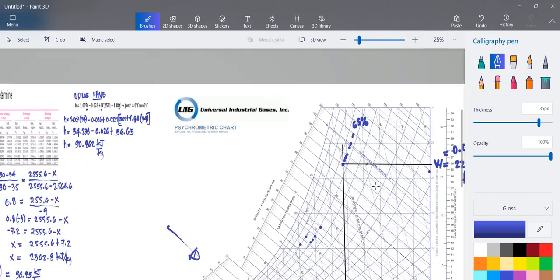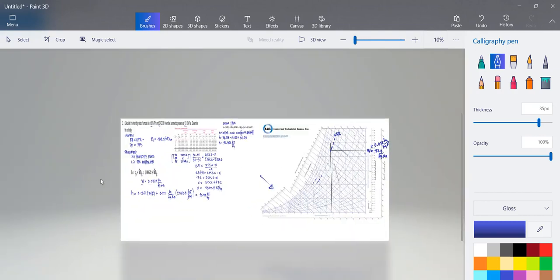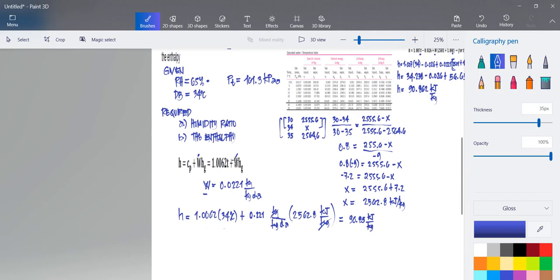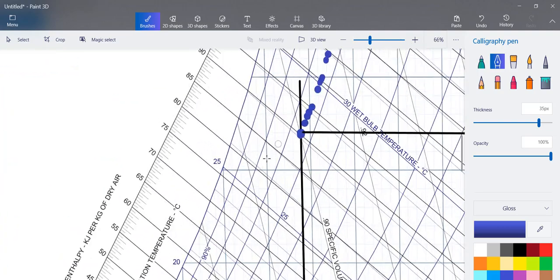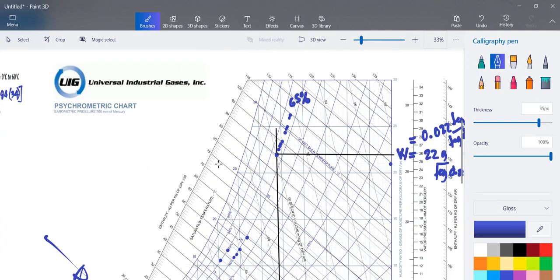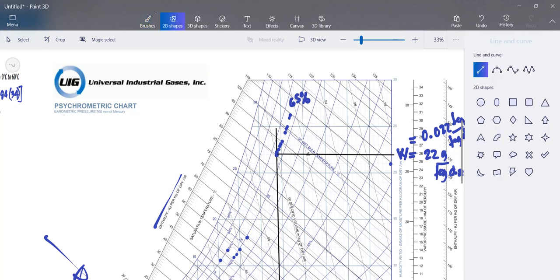Then what we are looking for next is the enthalpy. Now enthalpy, so here we have the value for the enthalpy, no? So plotting it here going there, so let's draw a line, starting here going there.